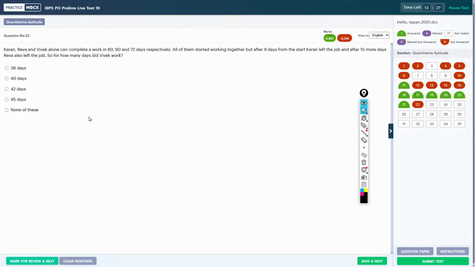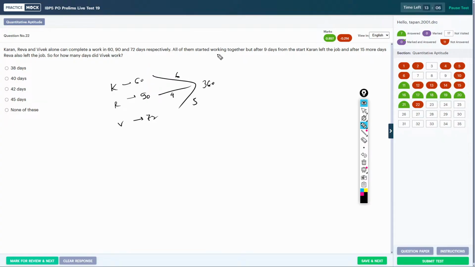Karan, Reva, Vivek. So Karan, Reva, Vivek. 60, 90, 72. Started working for 9 days. Karan left. Okay, so 72, right? So it's 360. Means 5, 4, 6. After 9 days, Karan left.